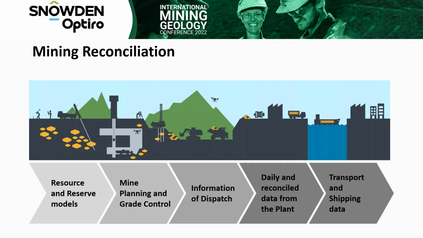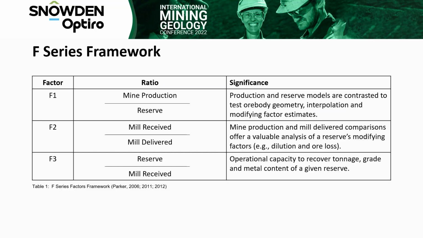The information from dispatch, we've got daily data coming from the plant, we may have a monthly reconciled data from the plant as well, and of course it goes through to transport and shipping. The case study that I'll deal with does really just look from the resource model through to the plant feed in this case. So whilst we've got all that data available, we may as well compare it, and that is what we're now going to look at doing.